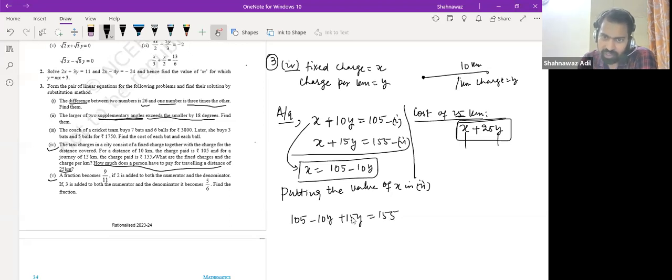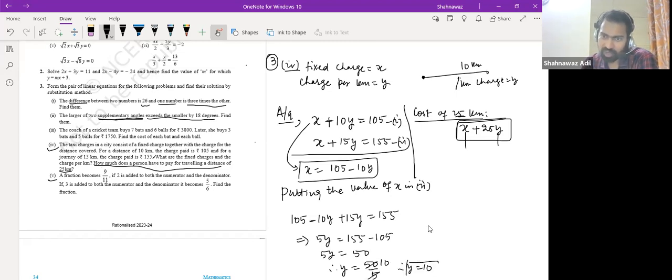So minus 10y plus 15y is 5y, and then 155 minus 105 is 50. So 5y is 50, and y would be 50 by 5, which is 10. So y is 10.